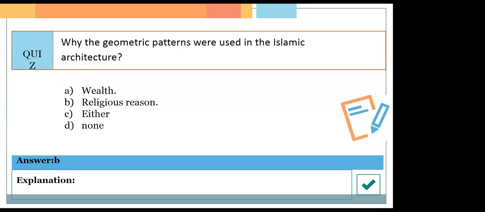You all know this. Qatar is the best place to know it because they've incorporated so many of these geometric patterns over so many buildings and in different ways.